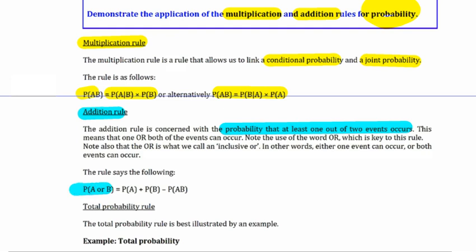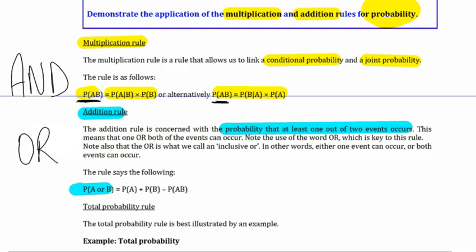We often refer to the addition rule as the OR rule. The multiplication rule is called the AND rule. Why? Because it's the probability of A and B happening. The addition rule says, I just want to know the probability of either one happening.